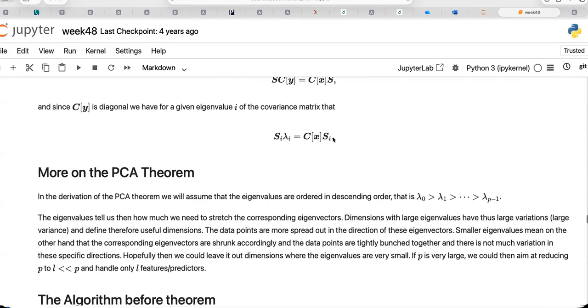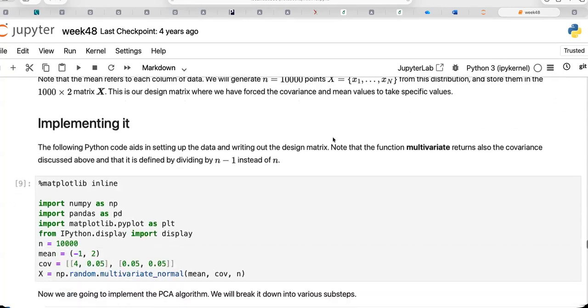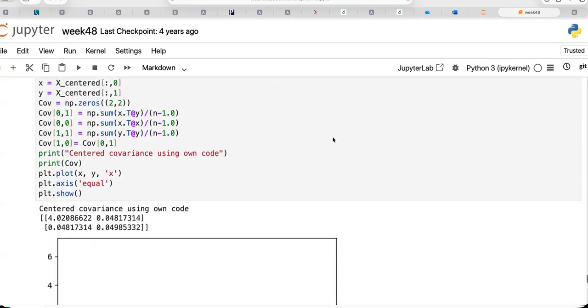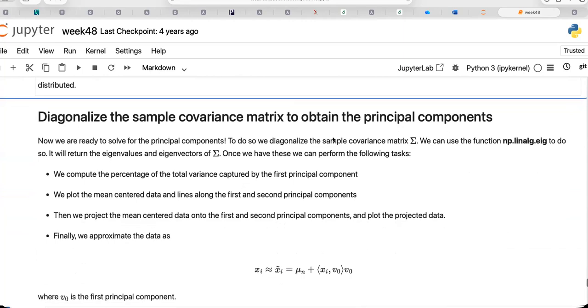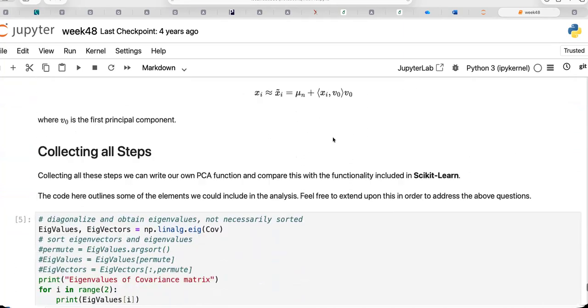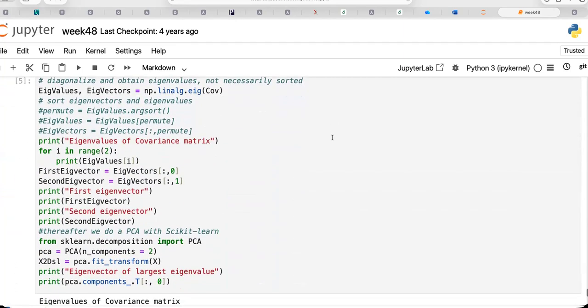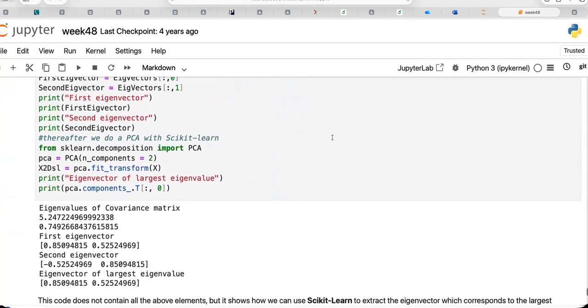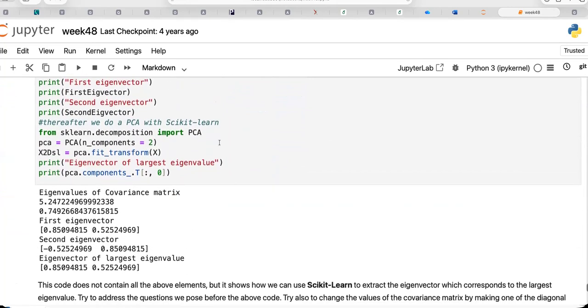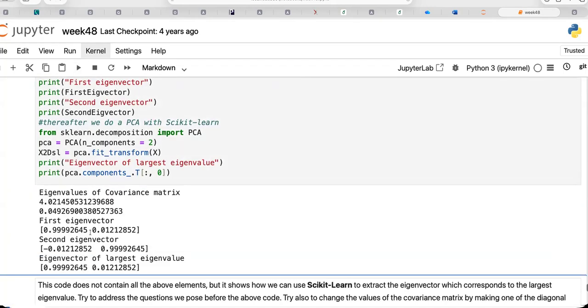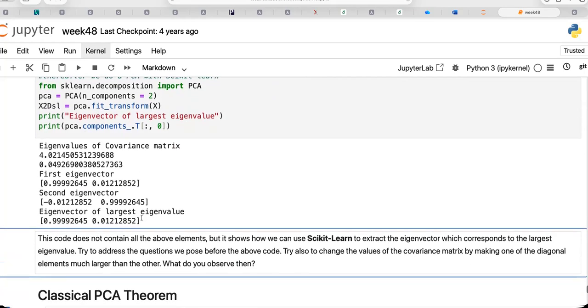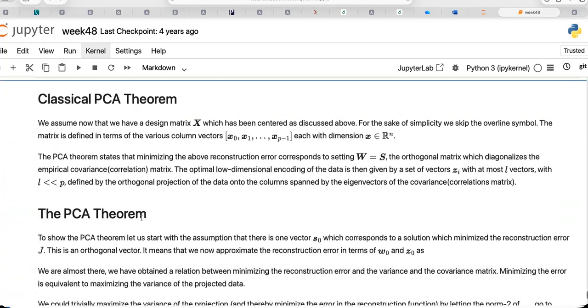Now, in the Jupyter notebook here, if you scroll down, you will also find a set of examples. There's a little bit more about the PCA analysis. If you calculate the eigenvectors and the eigenvalues for the last case, you will see that the eigenvalues are a factor of 2 orders of magnitude smaller.